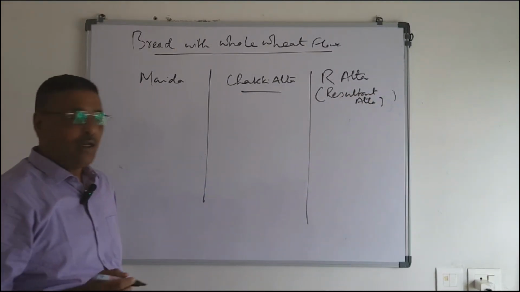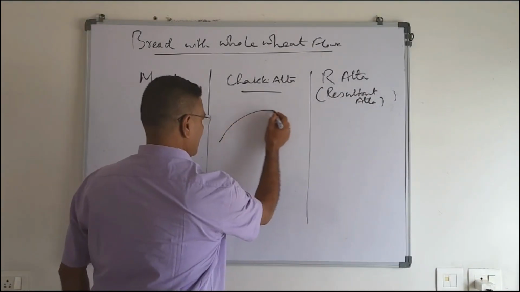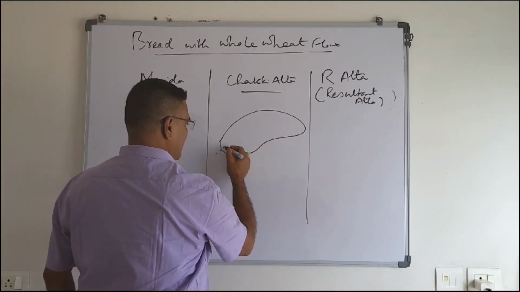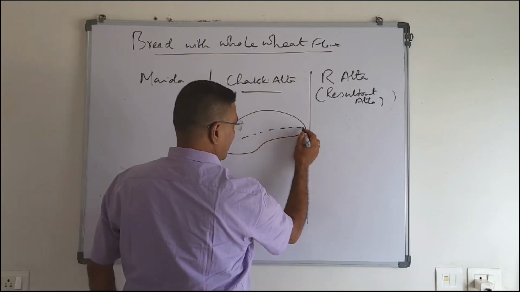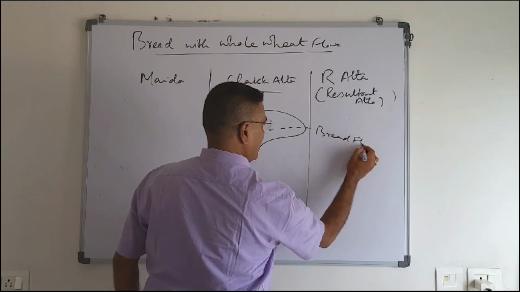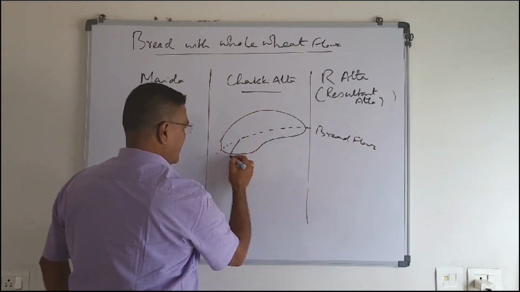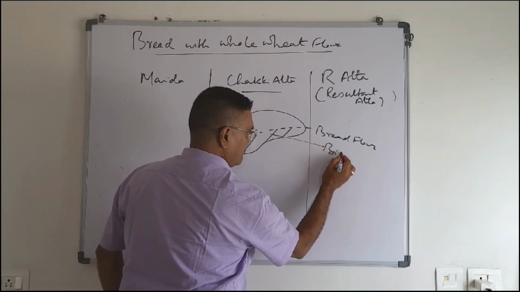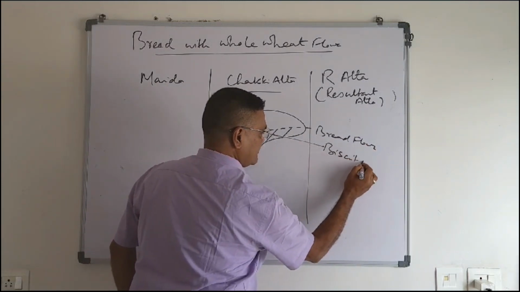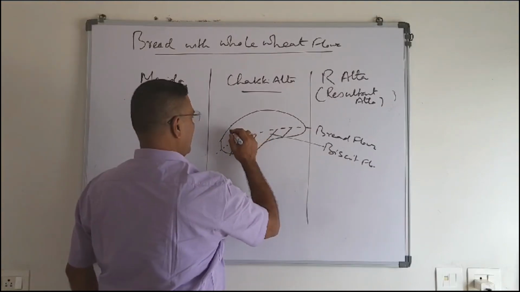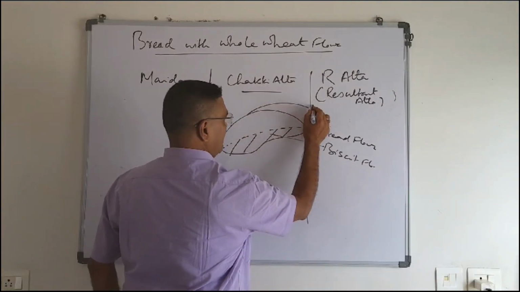At the center of the wheat kernel is your bread flour. This portion is your biscuit flour. In between this and the bread flour is the bran.